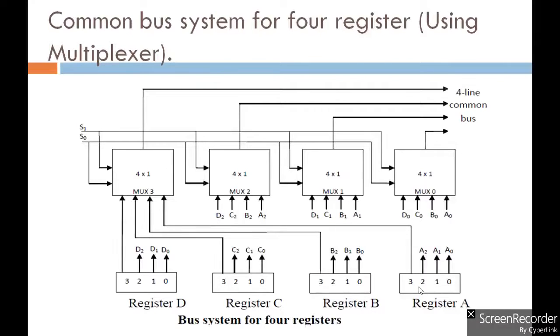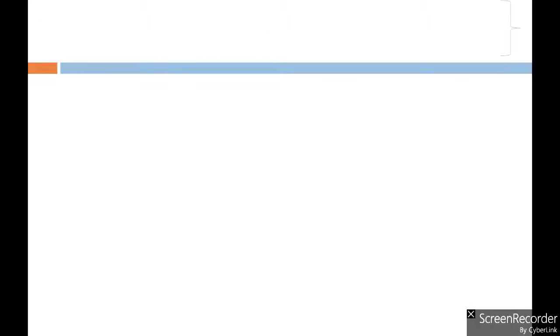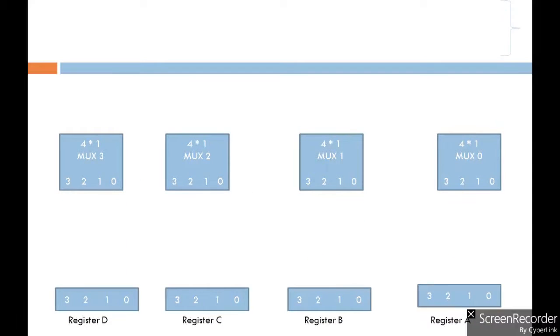Okay, now as this diagram looks very complicated, let's see how to draw the diagram. So first of all we will draw all the 4 boxes for 4 by 1 multiplexers, and assign names mux 0, mux 1, mux 2 and mux 3, and all the 4 registers, that is register A, register B, register C and register D. After that we will give the name of each and every bit of the registers.